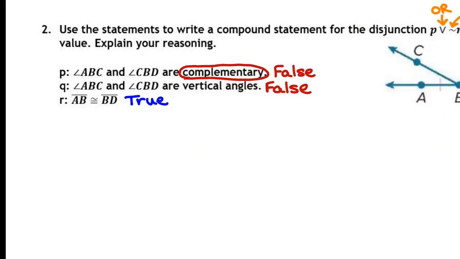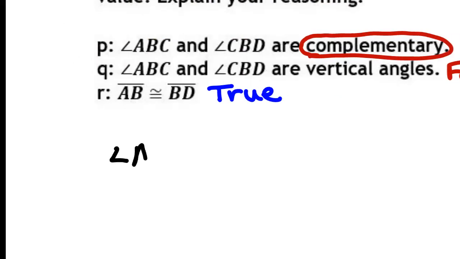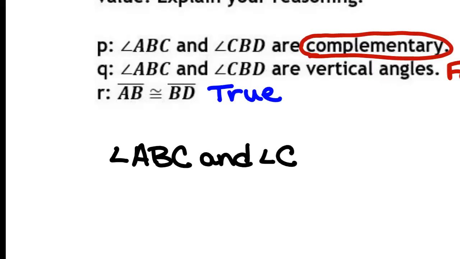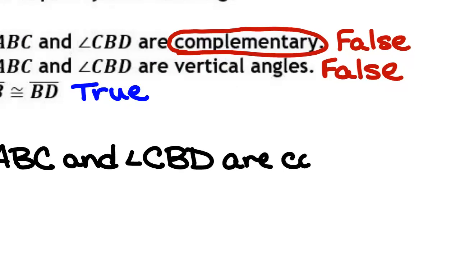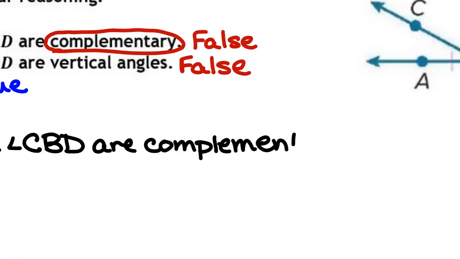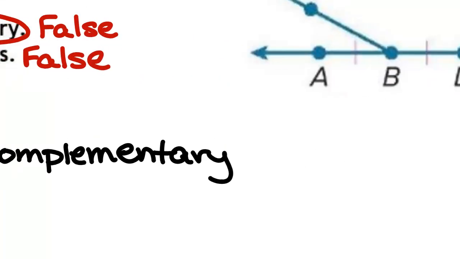All right, let's write the compound statement that they asked us to write. We are supposed to write P or not R. So I'm going to recopy statement P, angle ABC and angle CBD are complementary, or, and now we're going to write not R. Well, what would not R be?